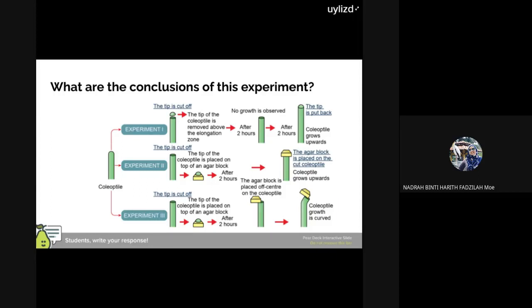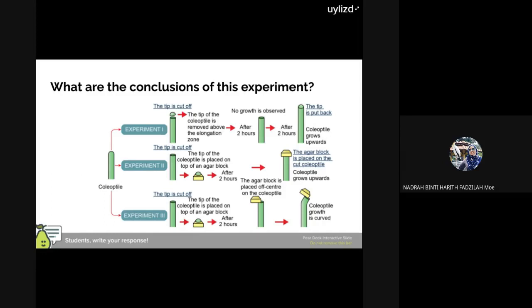Dan eksperimen 3, the tip of the coleoptile is cut off, dan dia buat eksperimen tu, dia repeat lagi sekali. Hujung coleoptile tu diletakkan pada agar block with the assumption whatever produced at the tip of the coleoptile will be transferred into the agar block, the jelly block lah.